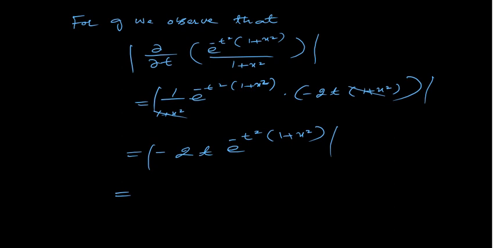So this is equal to twice mod of t into mod of e power minus t square times (1 plus x square).